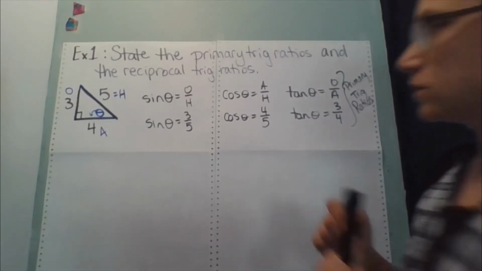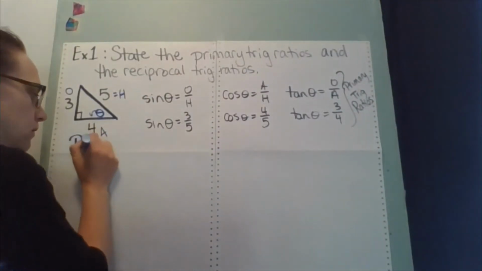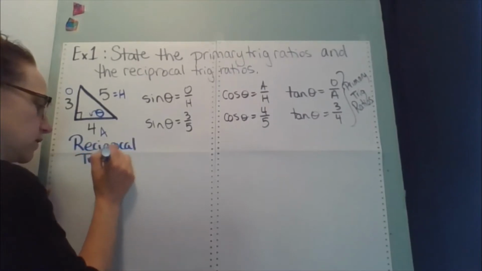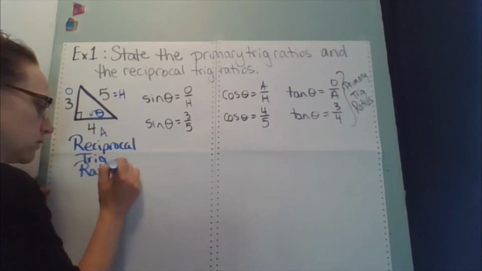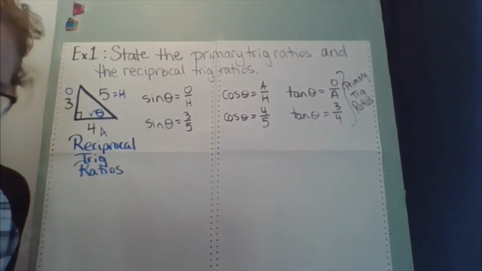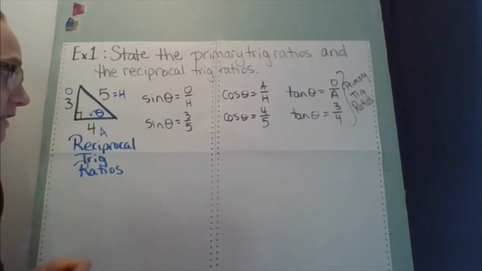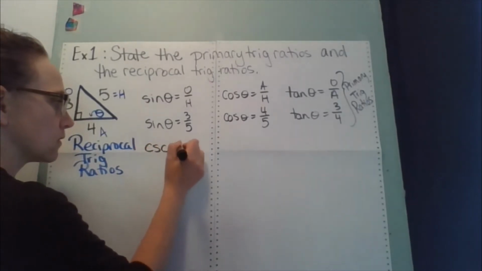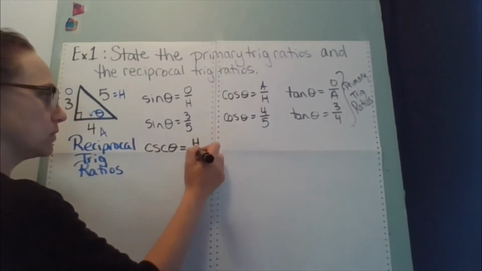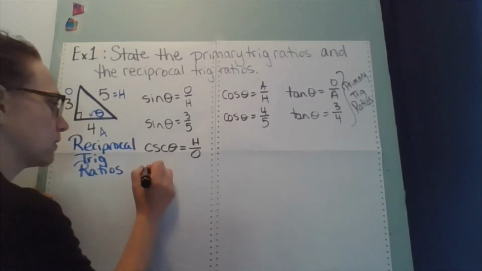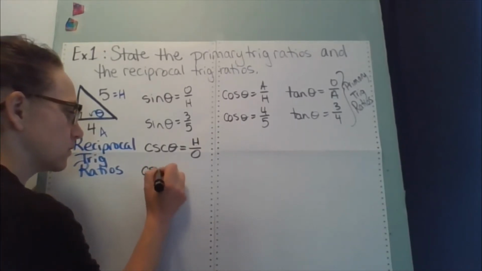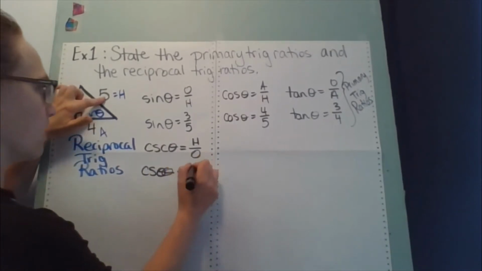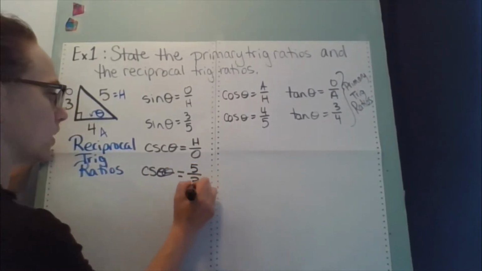Okay. Now the other ones, the reciprocal trig ratios. That's our new ones. Okay. So the inverse of the sine is the cosecant. So that's going to be hypotenuse over opposite. Oops, cosecant theta is 5 over 3, right?